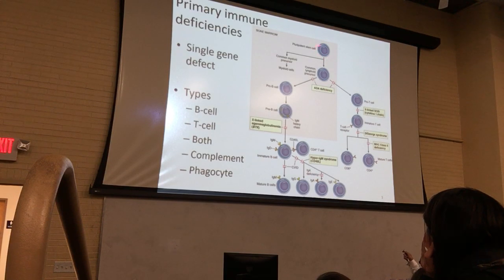So here you can see at the top in the bone marrow, this pink box is the bone marrow. At the top is a pluripotent stem cell that comes from the bone marrow. And it's going to differentiate, or change, into a lymphoid precursor cell. That's the arrow that goes down from it. And from here, its fate can either be to become a B cell, or leave the bone marrow and become a pro-T cell and actually enter into the thymus.